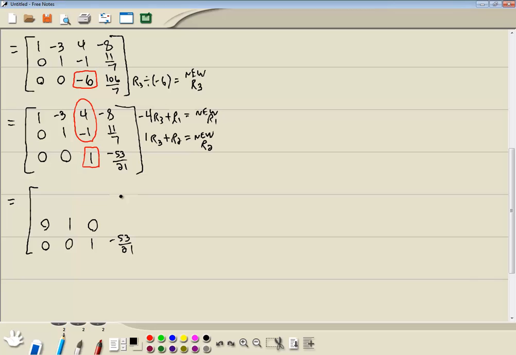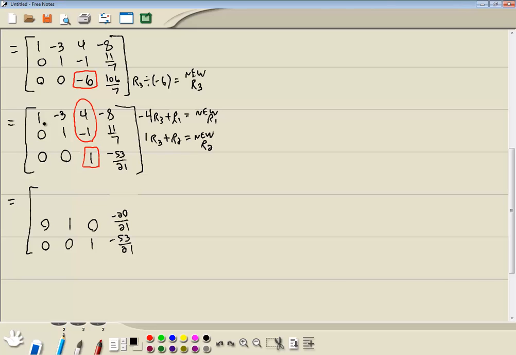So -53 over 21 plus 11 sevenths. Gee, I about made a mistake again. I did 77 over 7. I'm determined not to be able to work this problem. Okay, -20 over 21.